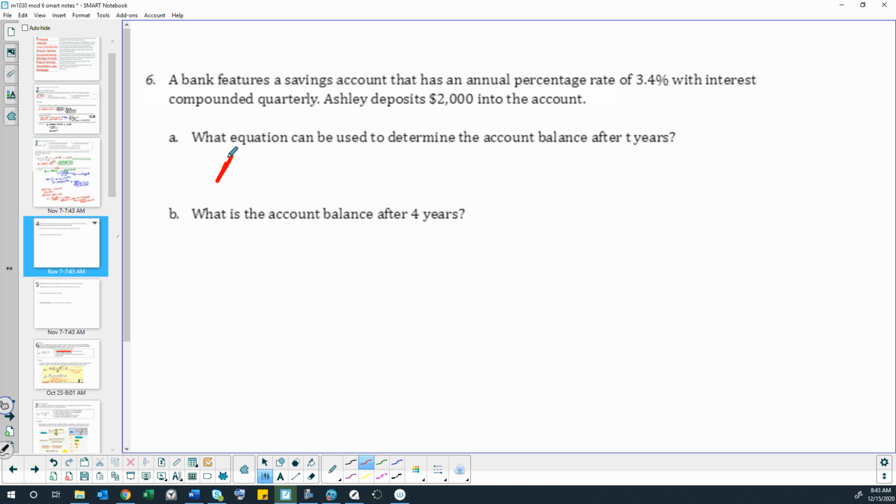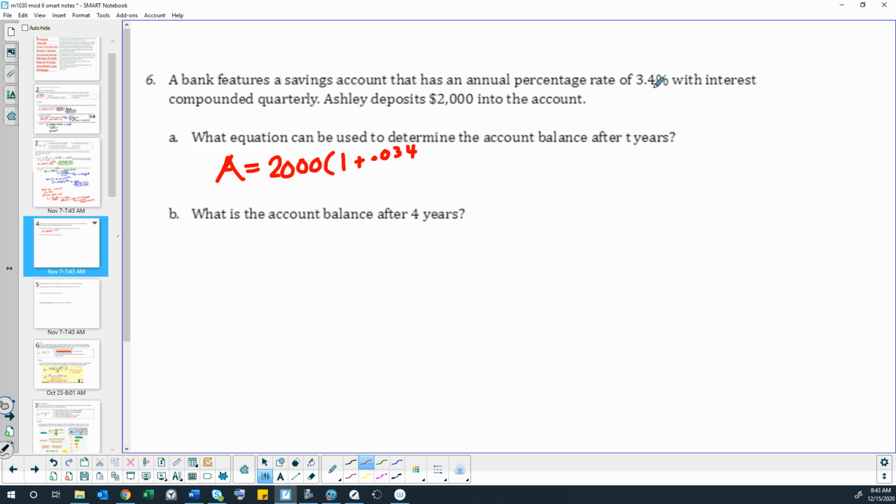So our compound interest formula would be the amount is equal to the principal, which is 2,000, times 1 plus the rate, so 0.034. Now here's where the rates start to get messy.